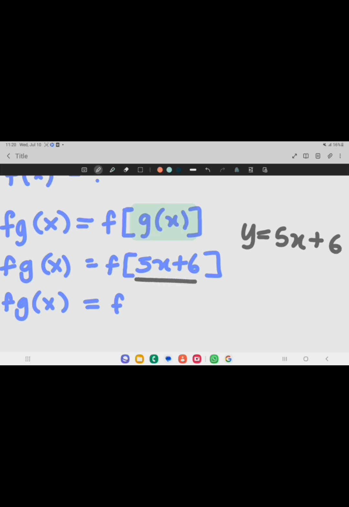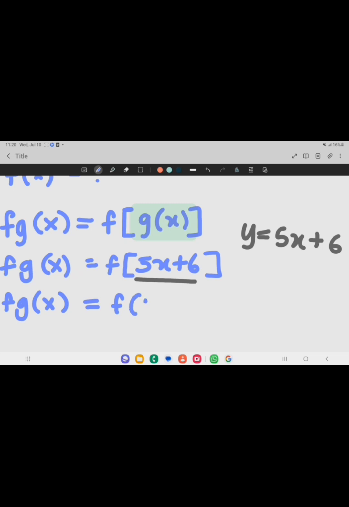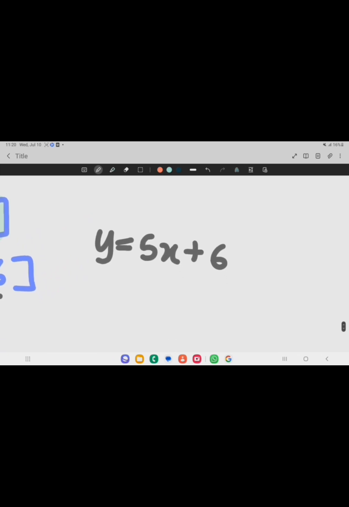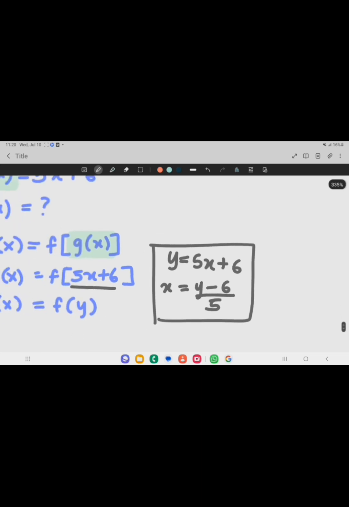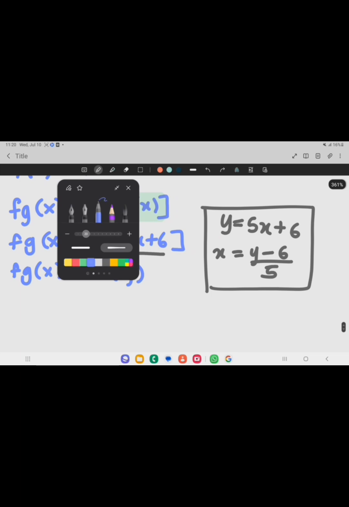The one inside the bracket, you let it be y, and write it over here. Our aim is to find x, so we must make x the subject. When we make x the subject, it will become like this. You can do this step at the corner, and once you're done, come back to this.